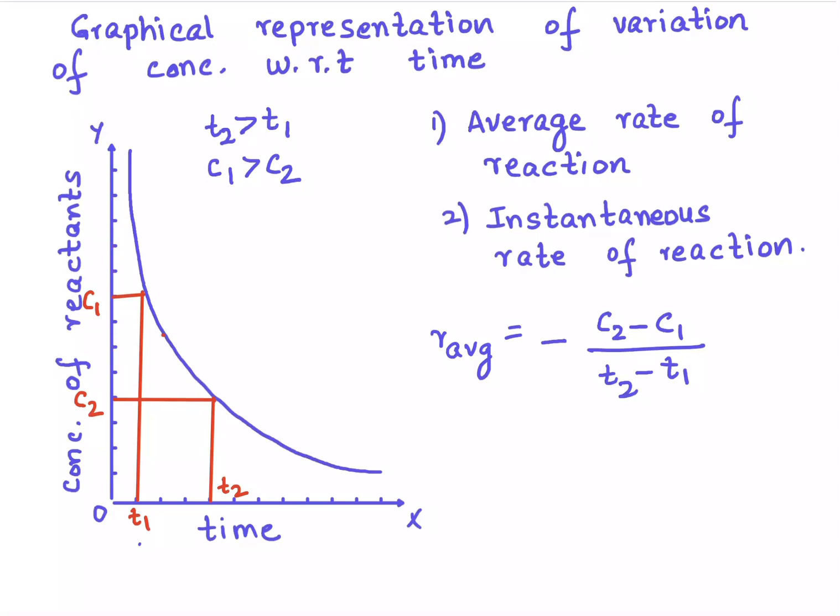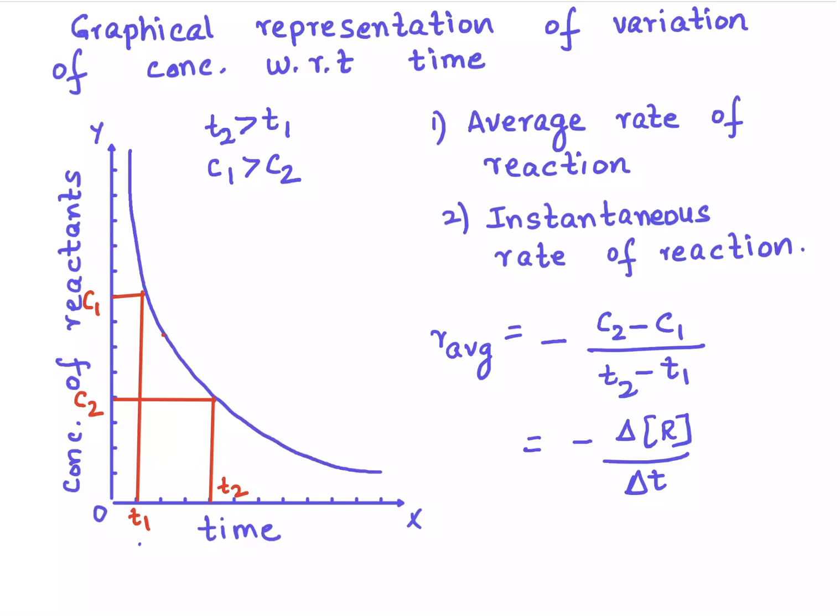Now you understand why we have been saying all the while that in order to represent the rate of the reaction in the form of the concentration of reactants or in terms of their partial pressure, you always put a negative sign. Got it? Okay.